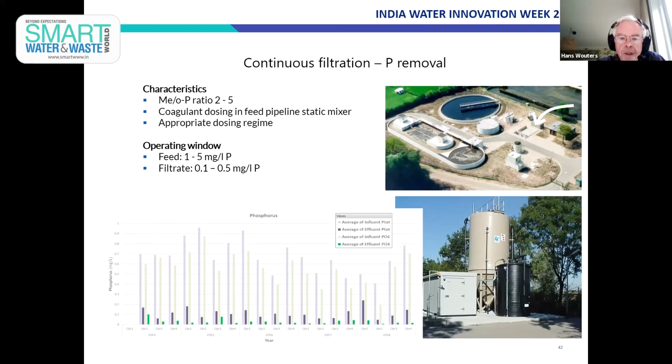And then by doing so, the soluble phosphorus becomes insoluble in iron phosphate flocs, which are then removed very efficiently in the filtration process. Typical feed levels are in the range of 1 to 5 milligram per liter of total phosphorus, while filtrate levels can be as low as 0.1 milligram per liter of total phosphorus.